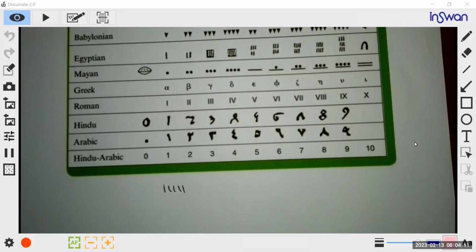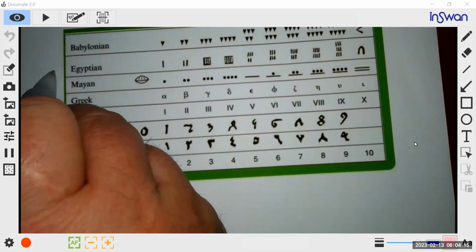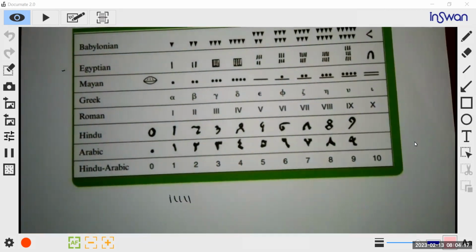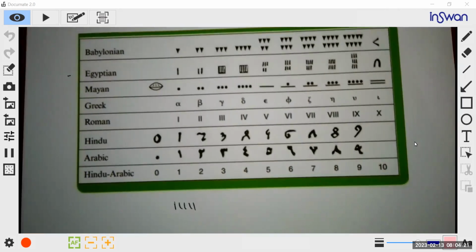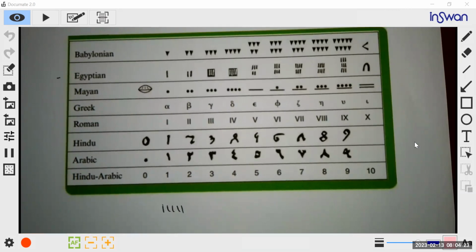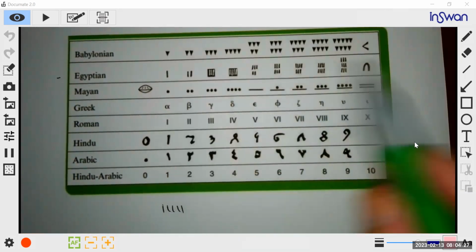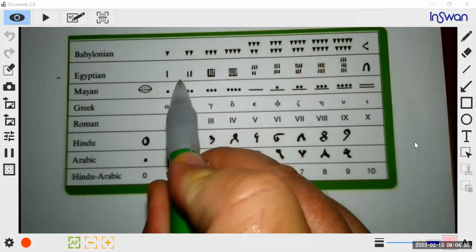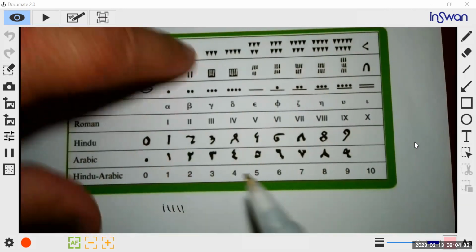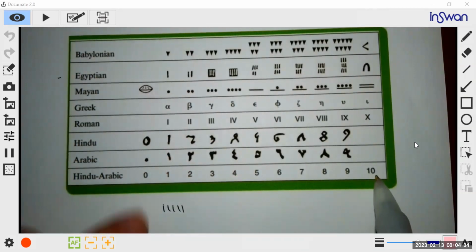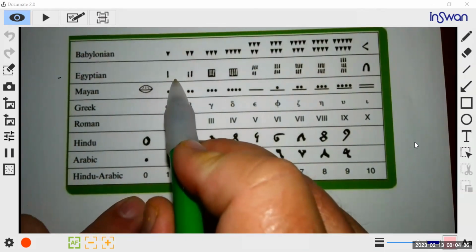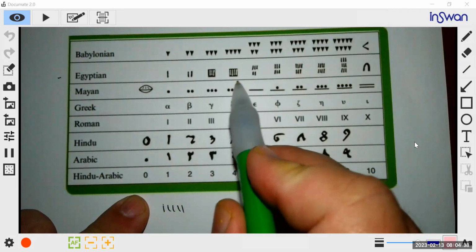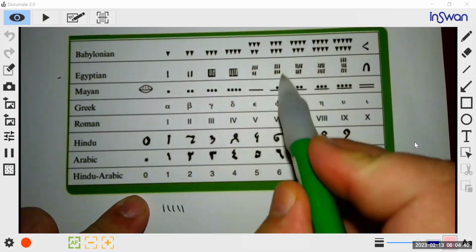All right, the first one I want to talk about are the Egyptians. The Egyptian system, actually, this is the corresponding values of our base 10 system. 1, 2, 3, 4, 5 hash marks and so on.